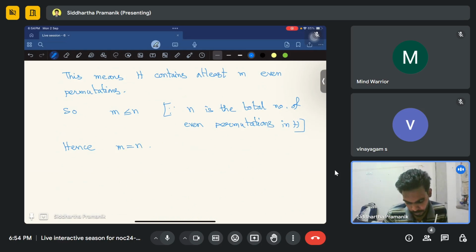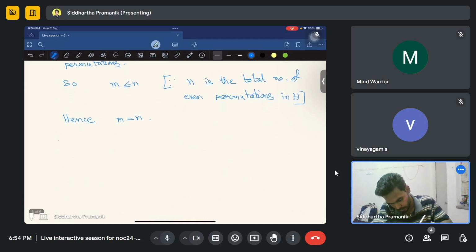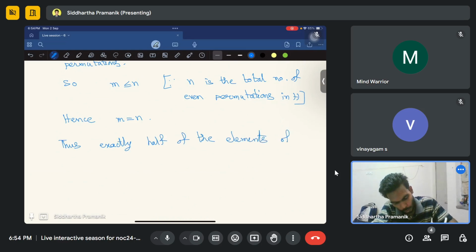So the number of even permutations and the number of odd permutations are equal in H. Thus, exactly half of the elements of H are even permutations and exactly half are odd.